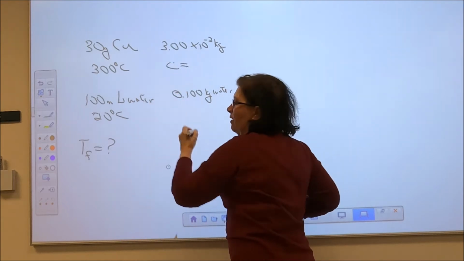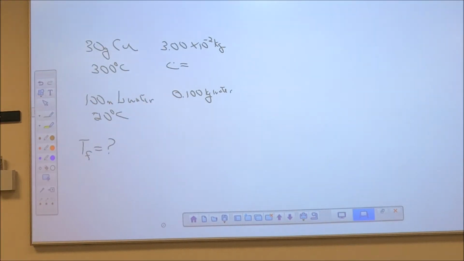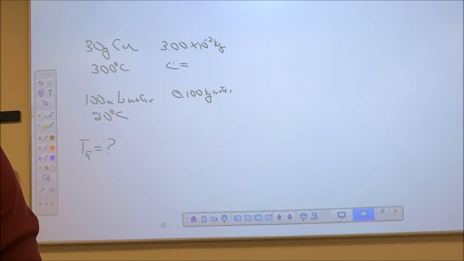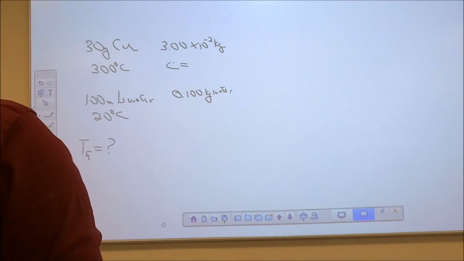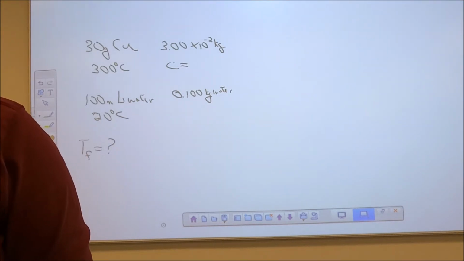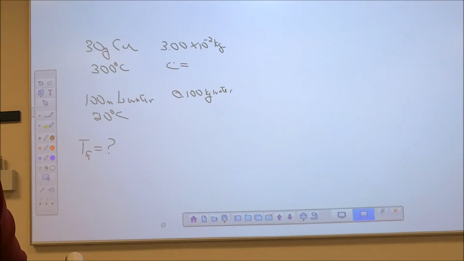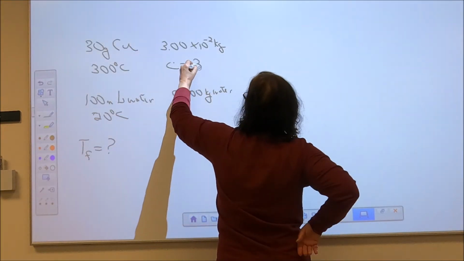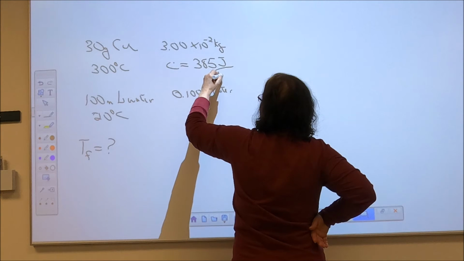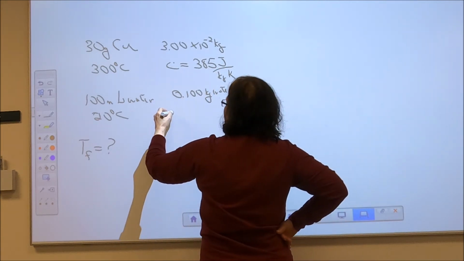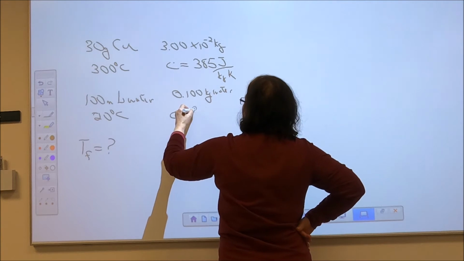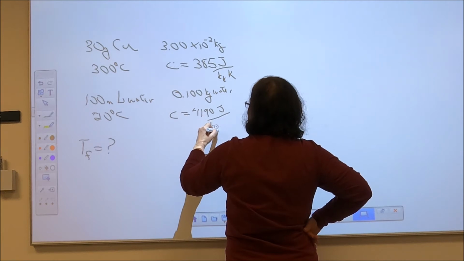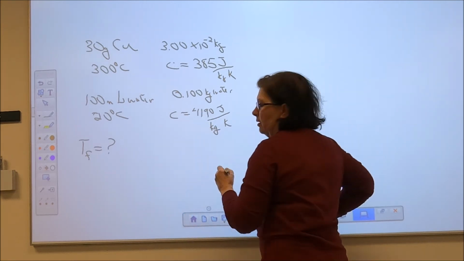Okay, the heat capacity of copper is something we have to look up. The heat capacity of copper is 385 joules per kilogram Kelvin. And the heat capacity for water is 4,190 joules per kilogram Kelvin.